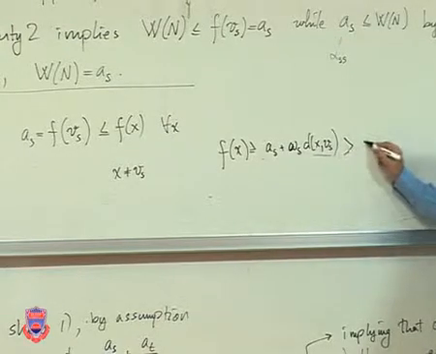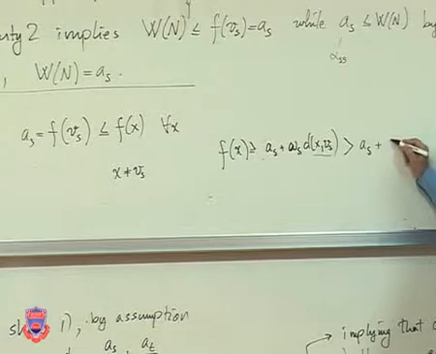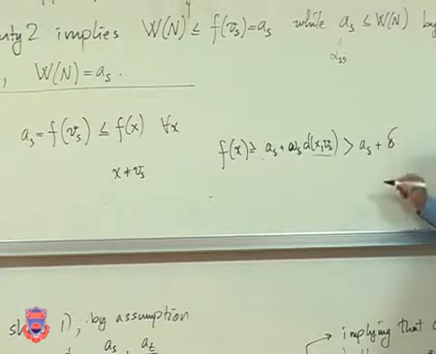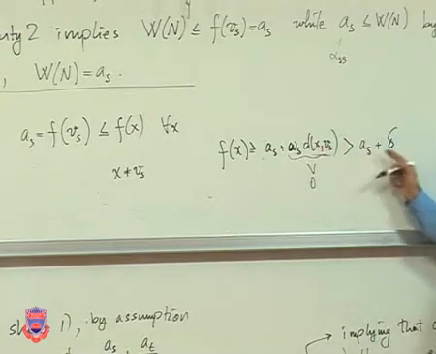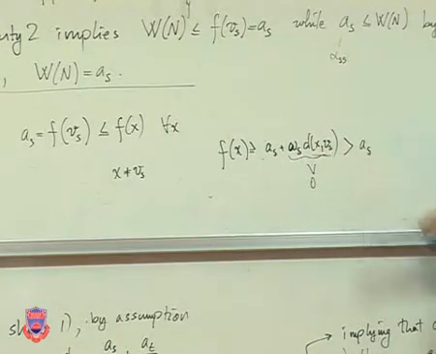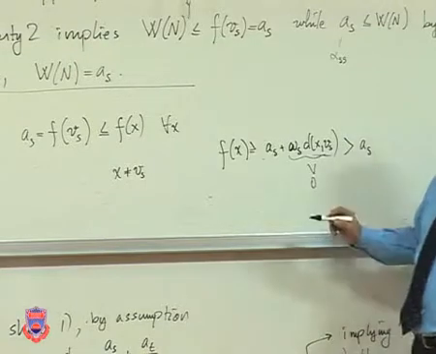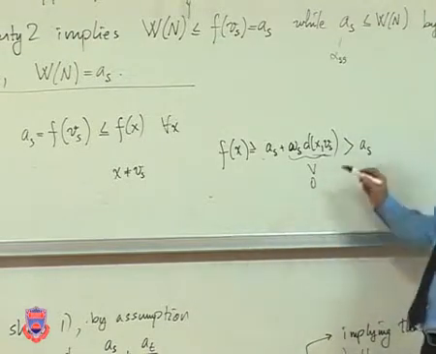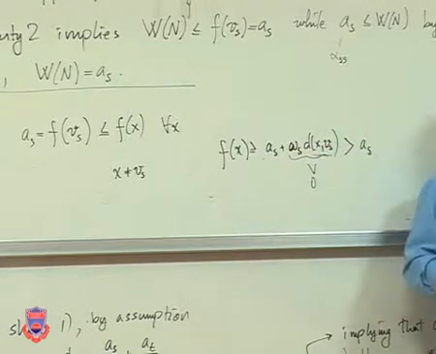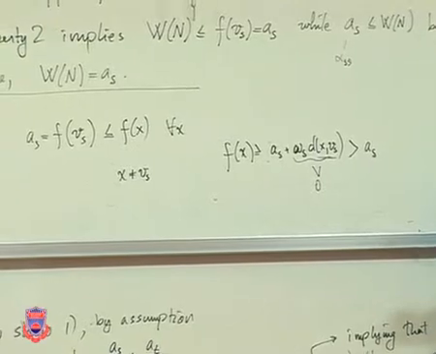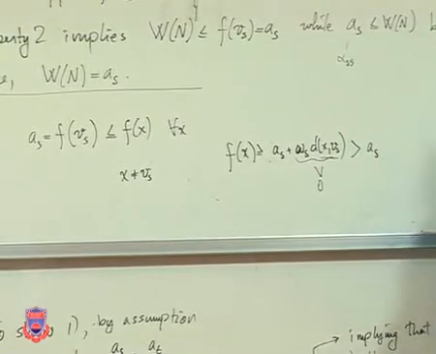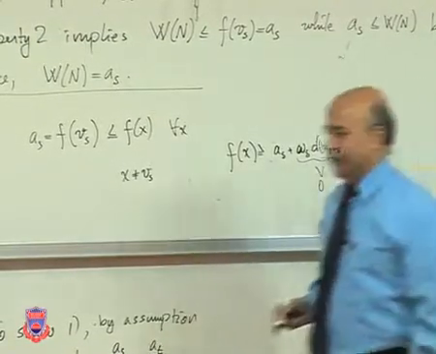So we're talking about As plus some positive quantity, say delta. So this thing is greater than As, assuming that the weight of S is greater than 0. Yes, I'm assuming that all weights are positive. So because of this, the uniqueness follows. Good question.